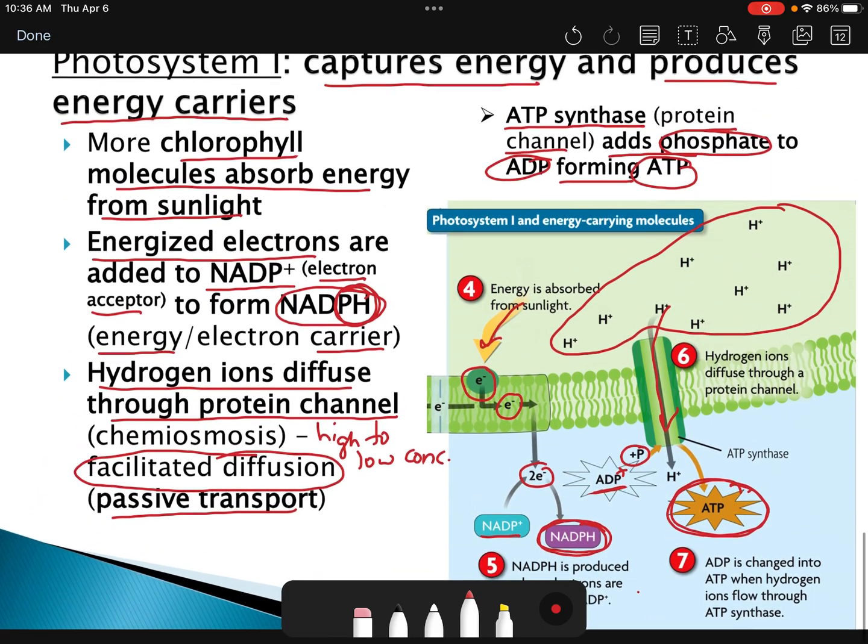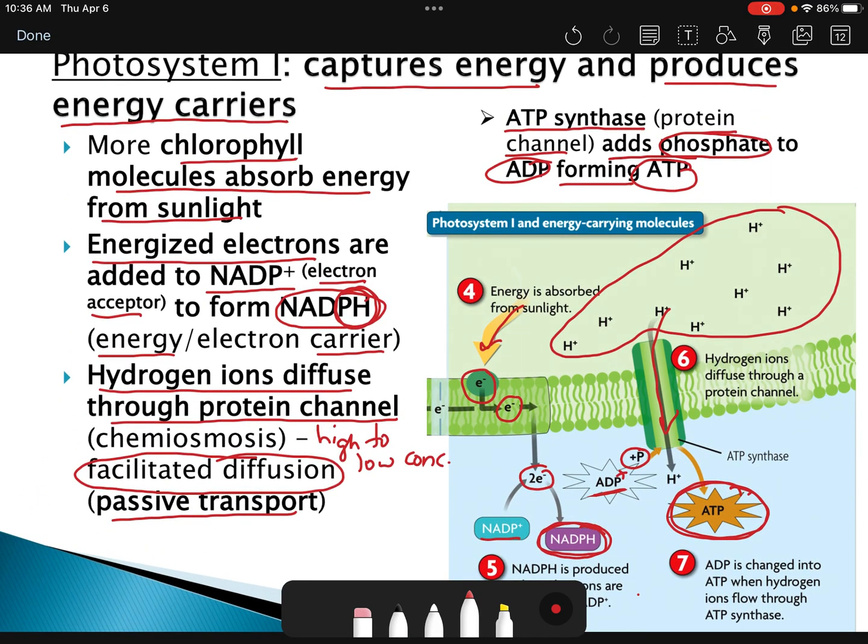Okay, those are the two types of energy storage molecules. And both of those energy carriers are going to be used during the light-independent reactions. Both NADPH and ATP are products of the light-dependent reactions, something that's coming out of the light-dependent reactions, especially in this particular photosystem 1.